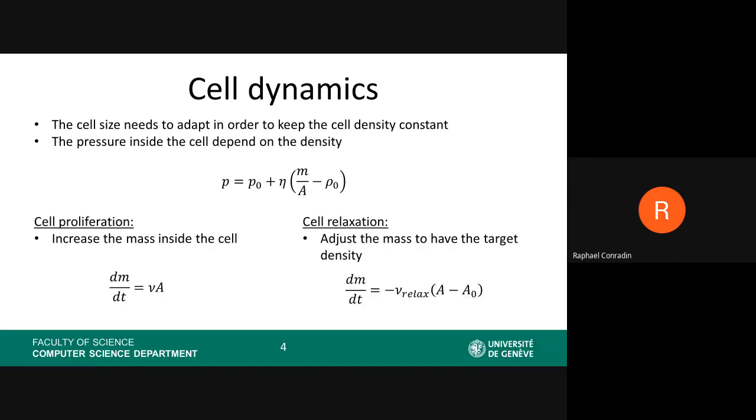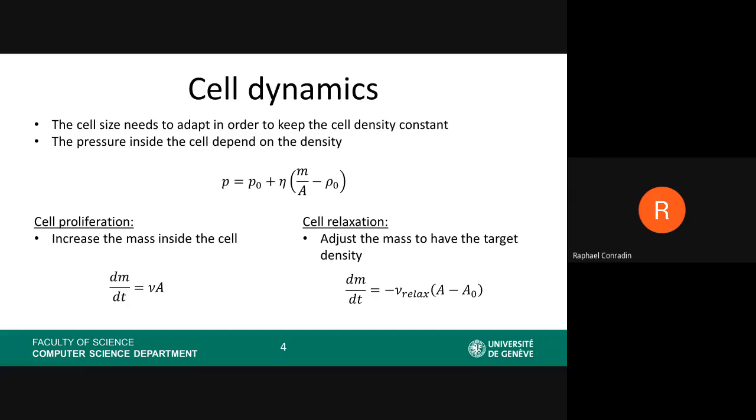And to be able to have cell proliferation, we have to add a mechanism that changes the mass of the cells. So it is one example of a function in order to have cell proliferation. And we can have multiple states for the cells.